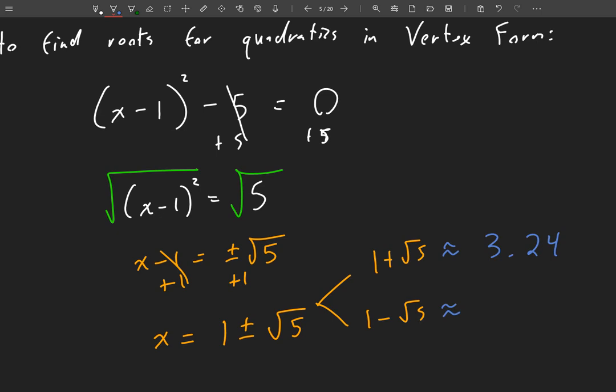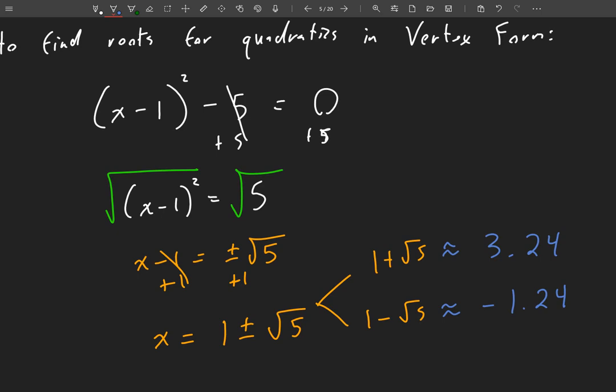That's going to be 1 minus, oh, hang on a second. Get my calculator working here. Negative 1.24. Okay. All right, so those are my two roots.